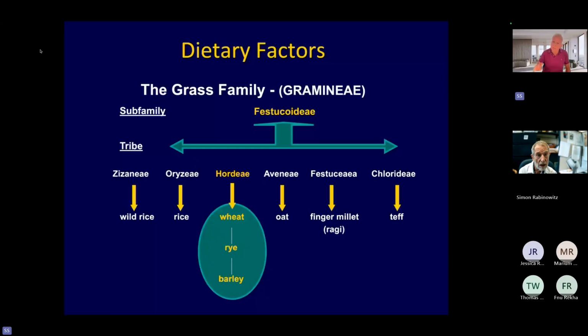Buckwheat is not wheat. Buckwheat does not contain gluten. The problem here, of course, is when you have a grain that's processed in a plant where gluten-containing grains are also processed, you have cross-contamination. But the absence of wheat, rye, and barley in the diet effectively removes all sources of gluten.